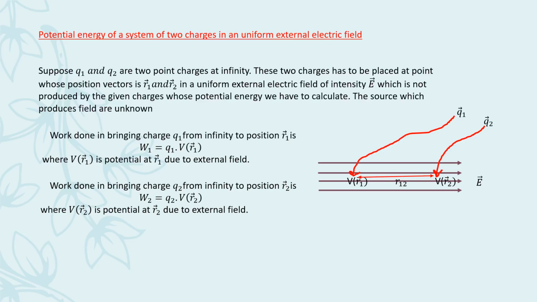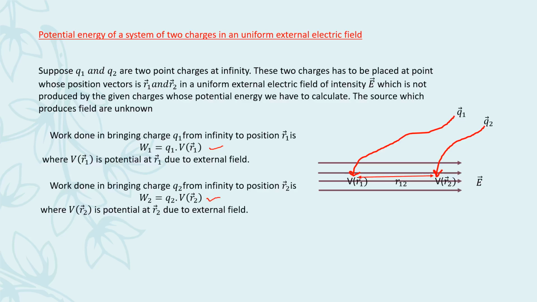V(R2) is the potential at the point whose position vector is R2. Now the work done in bringing charge Q1 is Q1 V(R1) and the work done in bringing charge Q2 is Q2 V(R2).